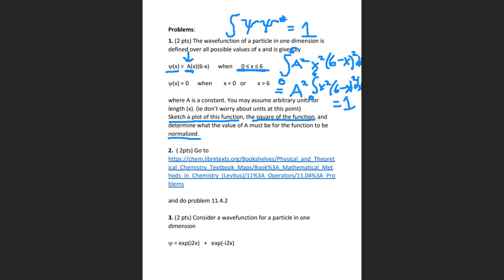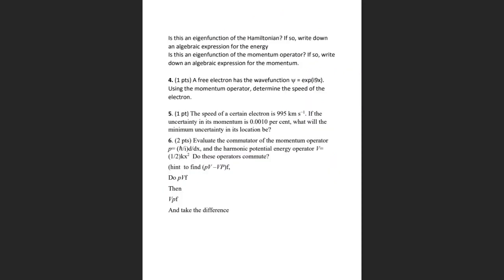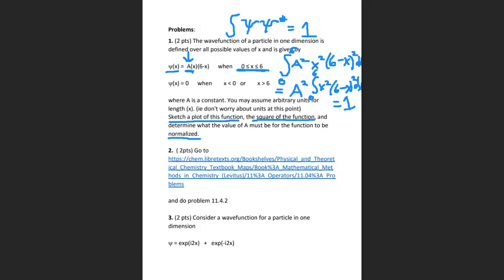Oh, for question 3, you keep getting that it's not an eigenfunction. Well, I guess the question is, is it an eigenfunction or not? But you're asked about 2 operators. Let me come down to the function. Okay, down here is problem 3.